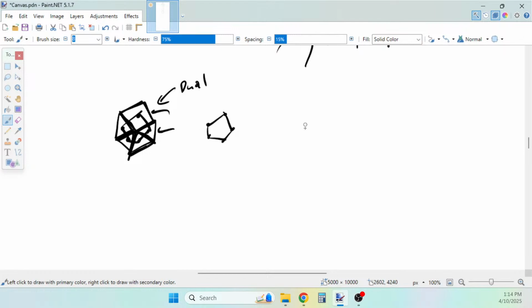One more. They have a triangle here, a hexagon here, a square here, and lots of different shapes.